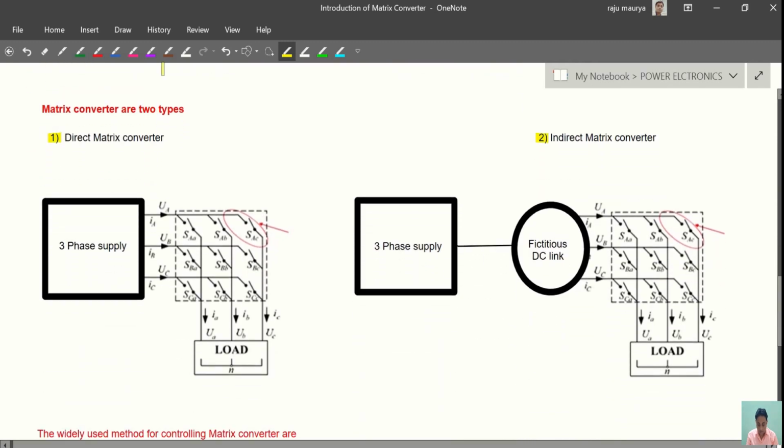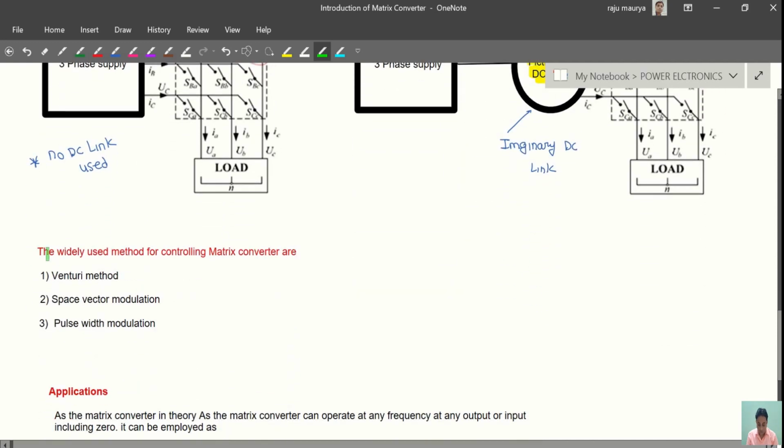In the direct matrix, no DC link is used, and in the indirect matrix we create a fictitious DC link, or imaginary DC link, by our control strategy. And widely used methods for controlling the matrix converter are Venturini, space vector and pulse width modulation.